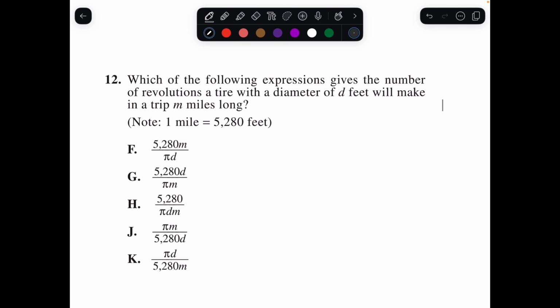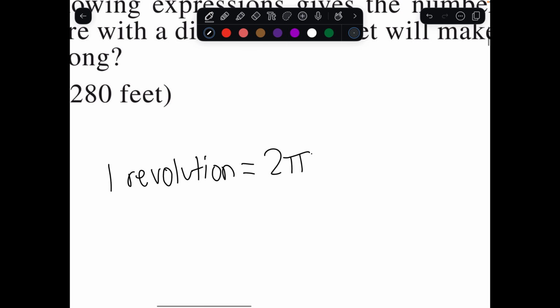So for this question, first I just want to understand what a revolution is. When a tire rolls, one full turn, which is a revolution, covers a distance equal to the circumference of the tire, right? That basically equals 2 pi r.